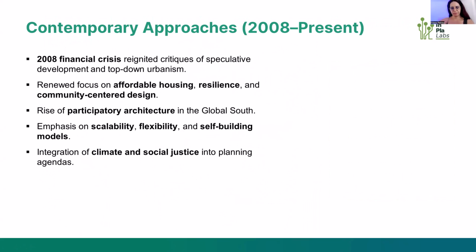Now moving a little bit forward to the contemporary approaches of participatory planning.